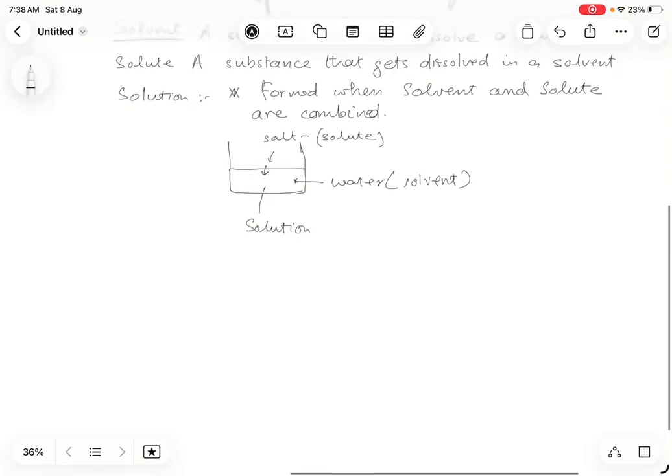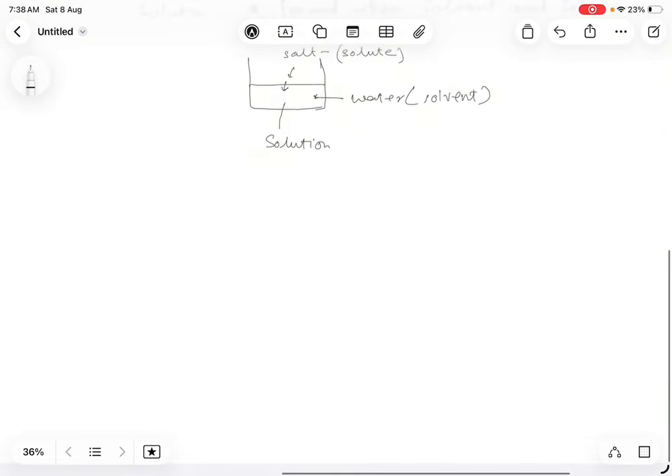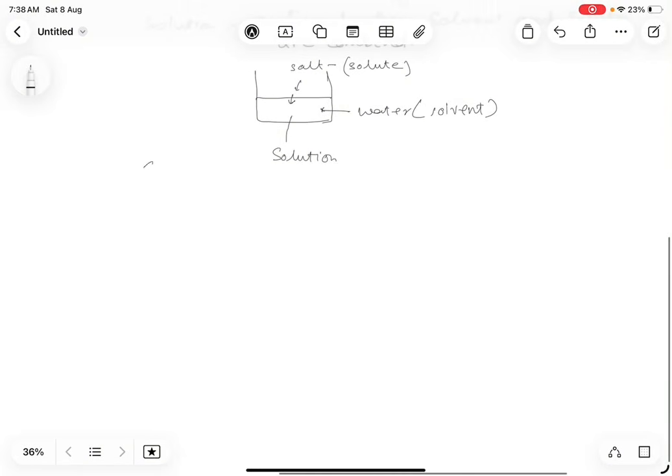Now, having said that, we are going to move towards saturated solutions. Now, what is a saturated solution? This is important.